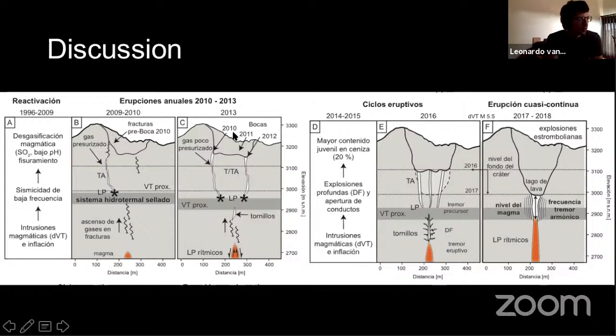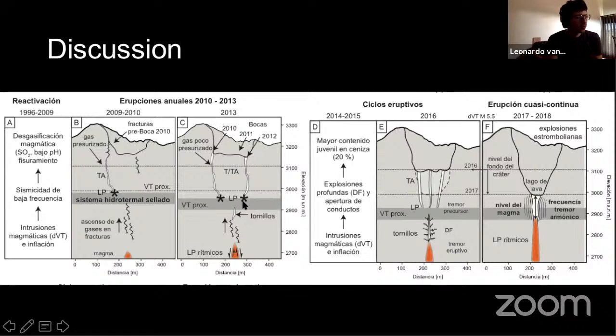So this process goes on, and then we have the first explosion. And then in the years 2010, 2011, 12, we have more vents that open up in the crater. And in 2013, we see these events of LP with harmonic tremor and also non-harmonic tremor. And maybe by this time, the system was not very sealed, so the tremor is not so harmonic.